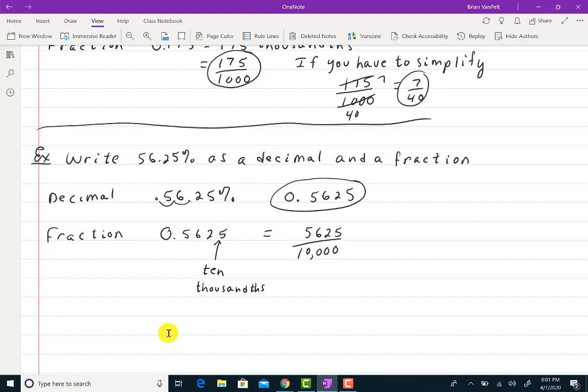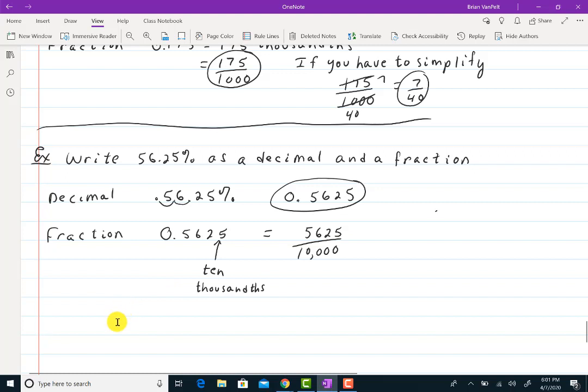And then it's just simply a matter of simplifying this type of a problem. I think what I'm going to try to do is 25 into 10,000 and 25 into 5625. Since this ends in a 25, I feel pretty good about 25 going into it.